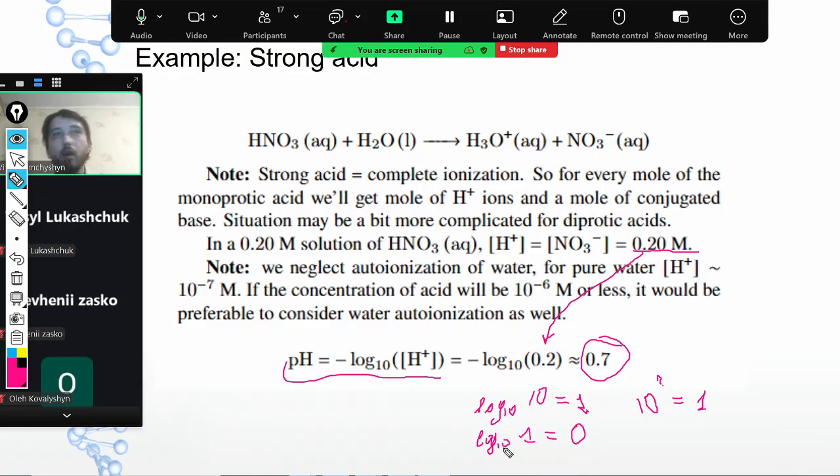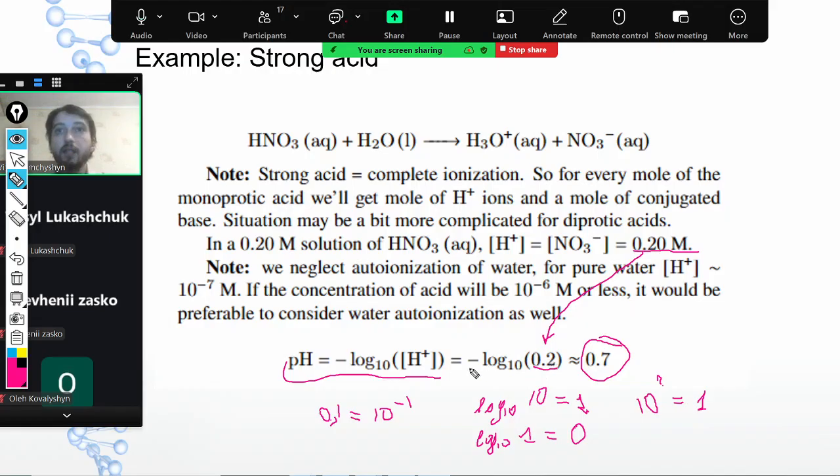And if I take the logarithm of something smaller than 1, I will get negative values. If I take the logarithm of 0.1, this is basically 10 to the minus 1. So when taking the logarithm of a number smaller than 1, I get a negative value, because I need to put 10 to some power that is less than 0 to get this number.